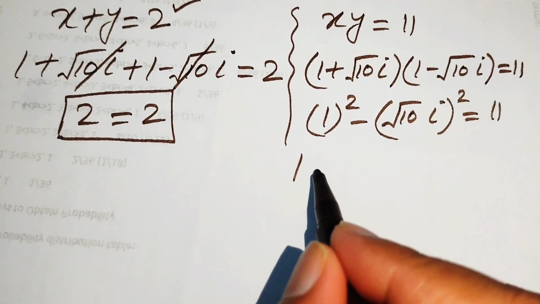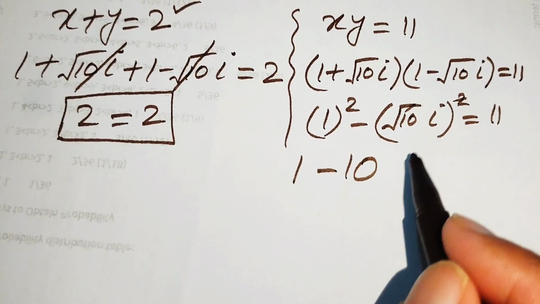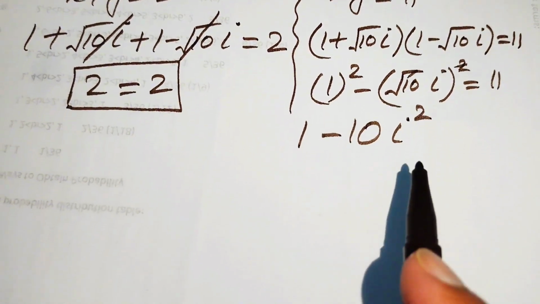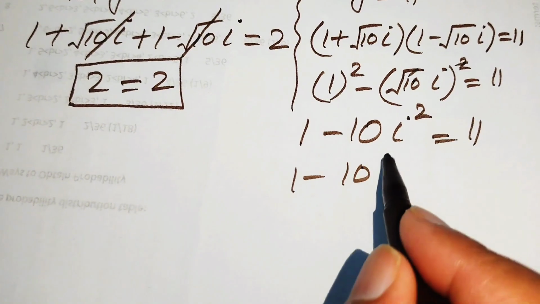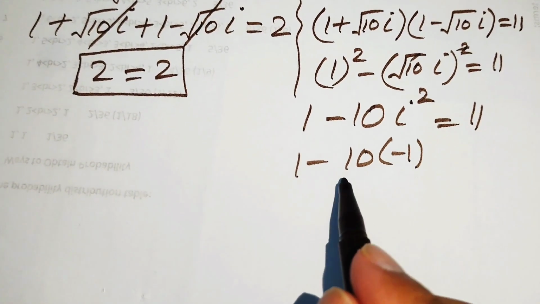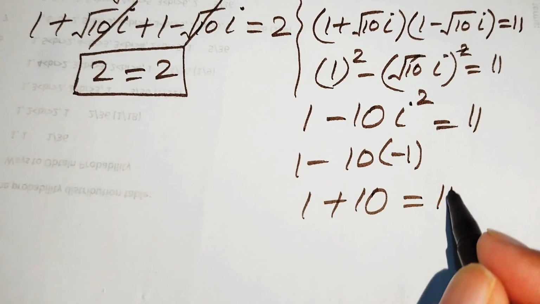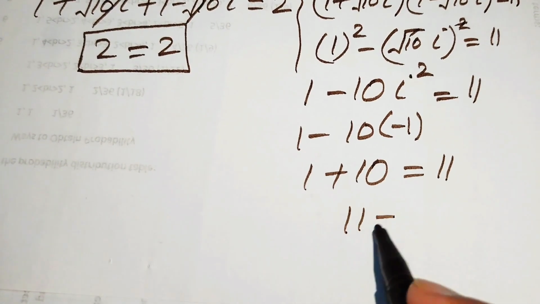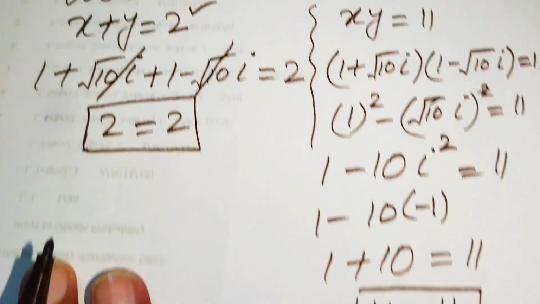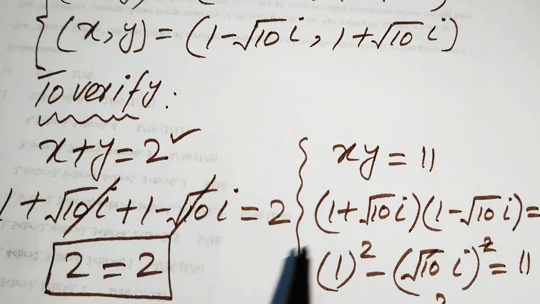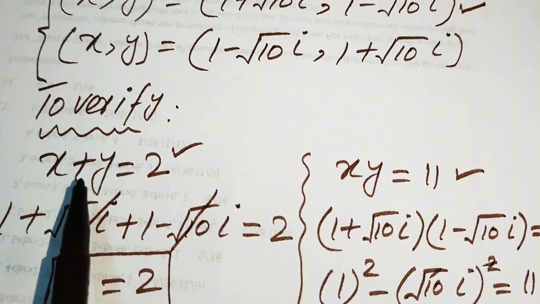So this 1 square equals to 1 and the square and square root are gone and we get here minus 10 times iota square, and we know that iota square equals to minus 1, and this minus times minus becomes here plus 10 equals to 11. So 1 plus 10 is 11 equals to 11. This shows that these values of x and y also satisfy the second equation. It means that this is the solution set of the given equation.